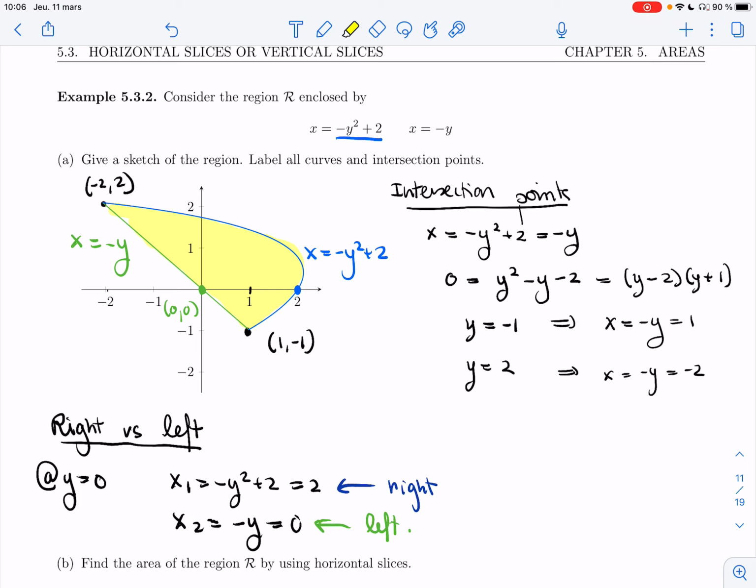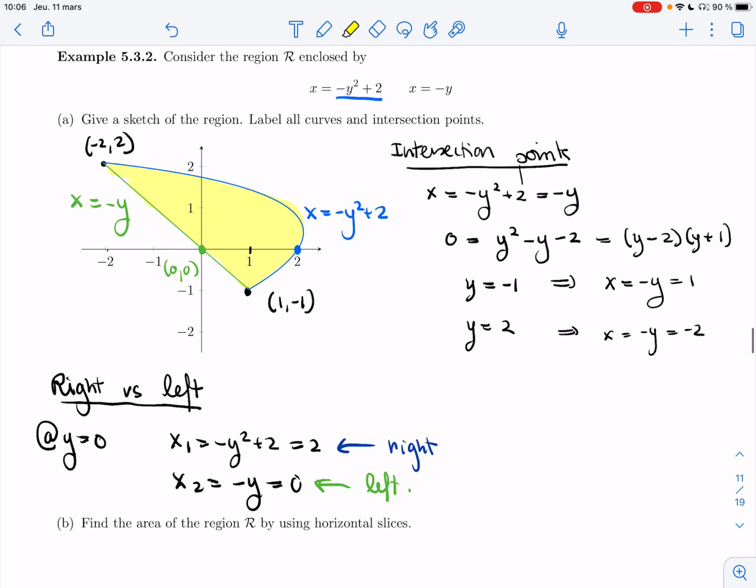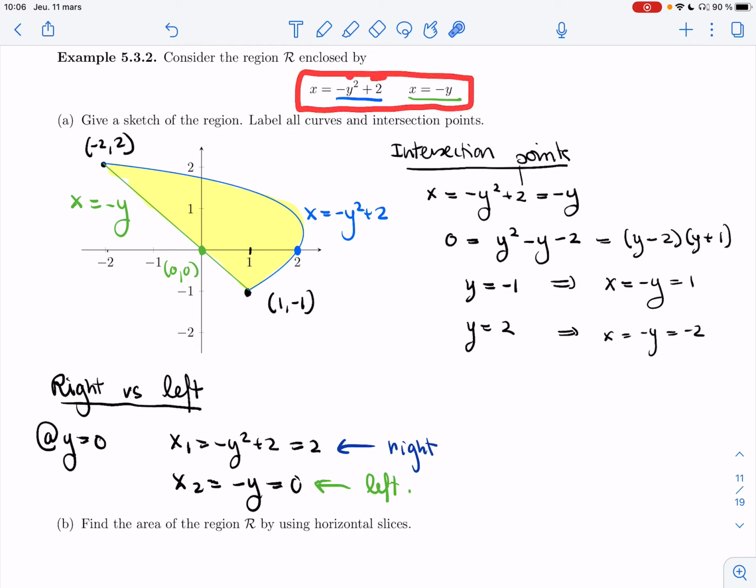For this region, I would use horizontal slicing, no questions asked. I would use horizontal slicing without any hesitation because my curves are given as x is a function of y, and on top of it, if I do use horizontal slicing, I'm going to get the same curve on the right and the same curve on the left for the entire region, and that means a single integral.